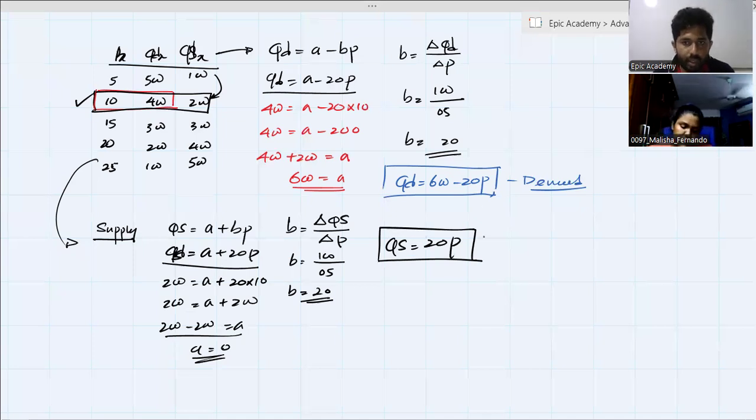Now you have already identified the two equations. The first equation is QD and the second equation is QS. And now you are going to calculate the equilibrium position of this particular market. When the equilibrium position is there, quantity demand must be equal to quantity supply. That is why we are going to assume that QD equals QS.